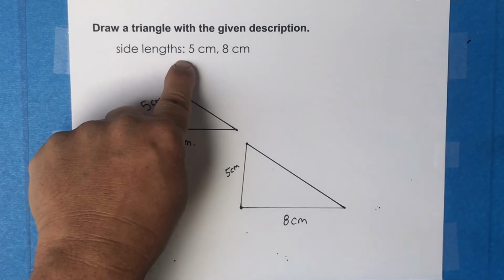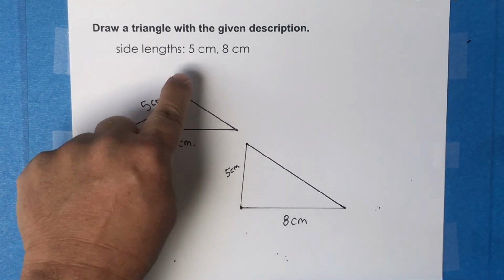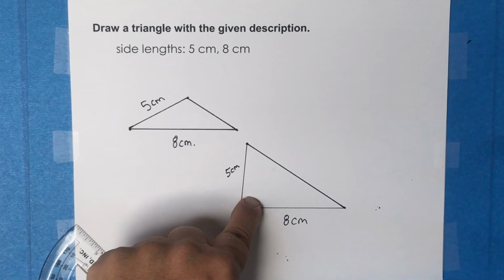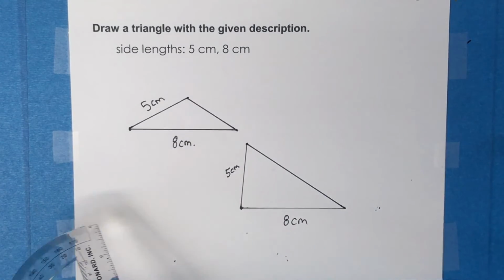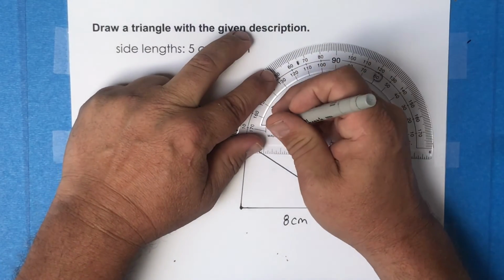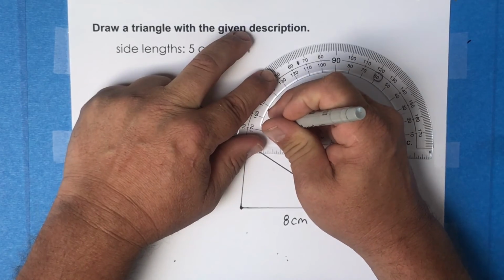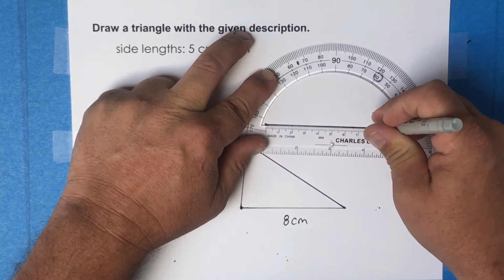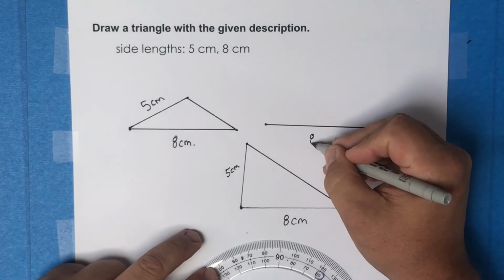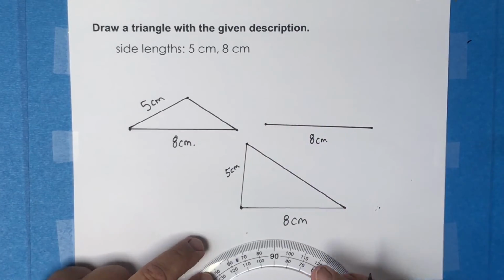So unless they give you an angle measurement, this triangle can look many different ways. I'm going to take a look at drawing a third one right now. Again, quickly. Eight centimeters.